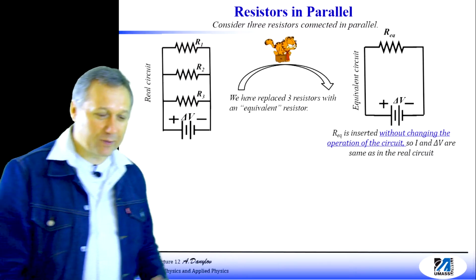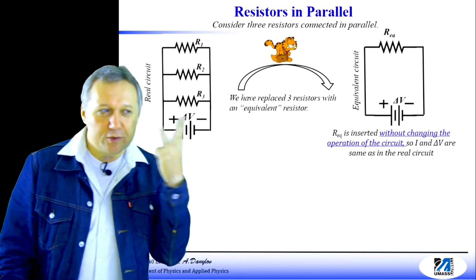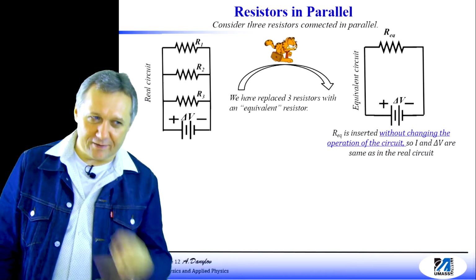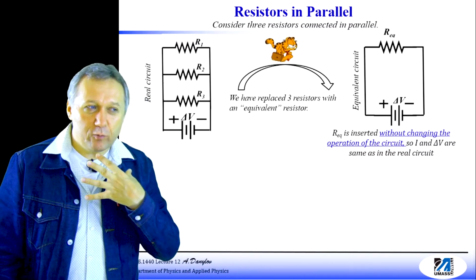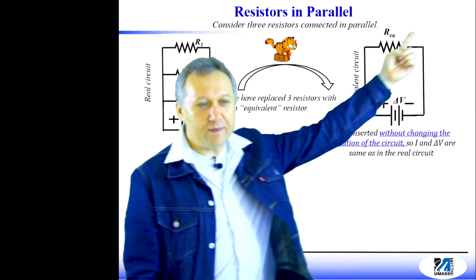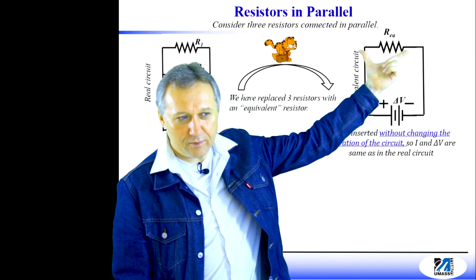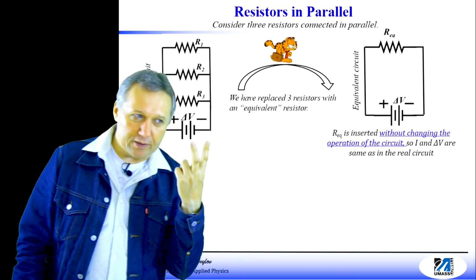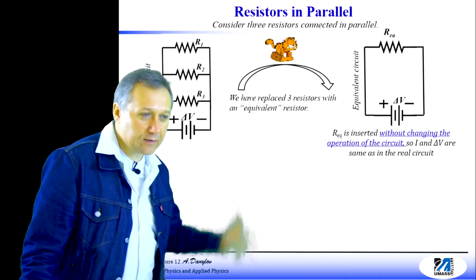Now, let's think about those three parameters: R, I, delta V. Resistance R is what we actually want to find in the end. We want to find the formula which can be used to find this R equivalent, so that will be at the very end. So two quantities are left: current and potential difference. Let's start analyzing them.